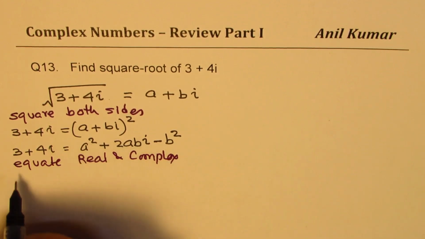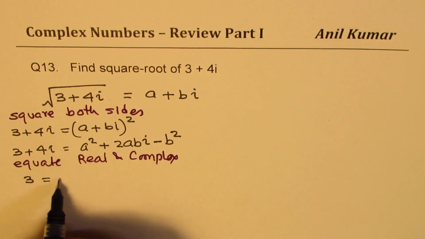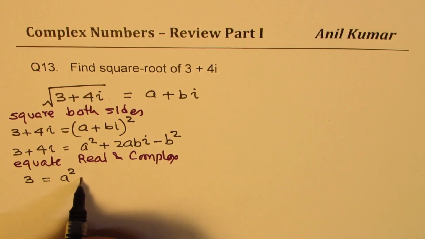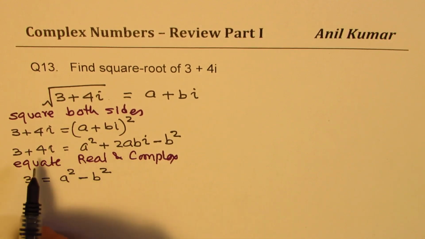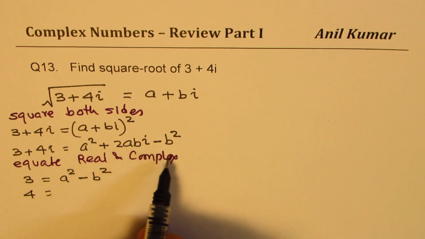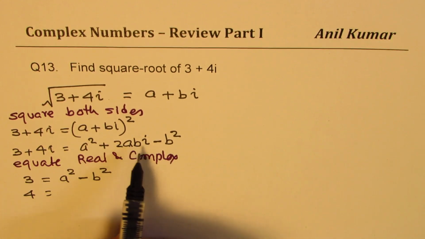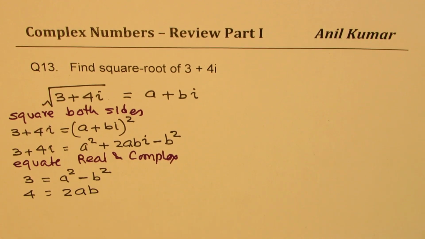So what we get is that 3, which is the real part, is equal to a square minus b square, right? And 4, that is 4i, is equal to 2ab. Perfect. So that is how we could actually equate them.